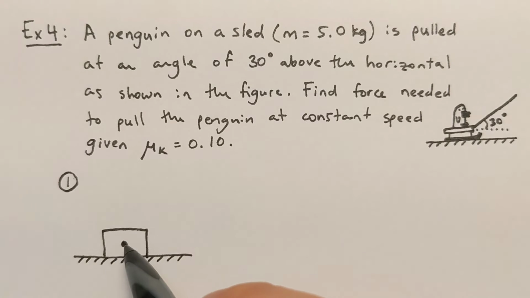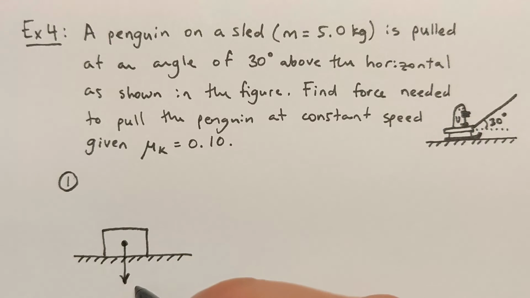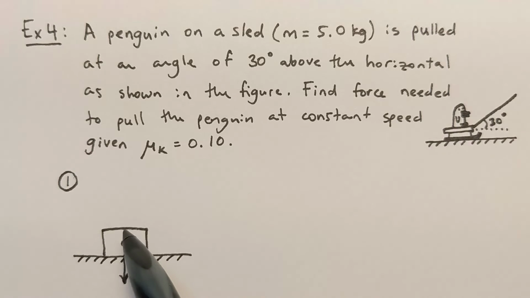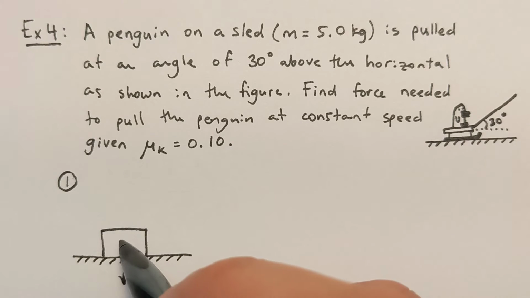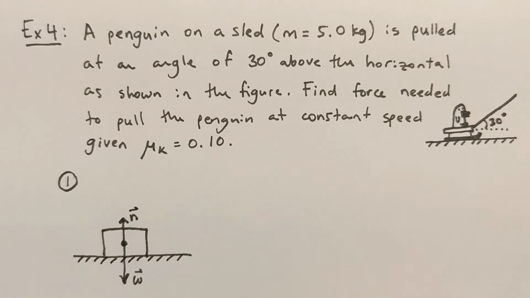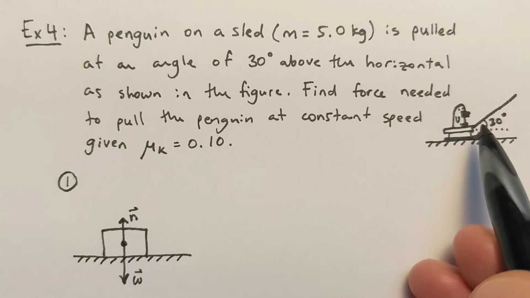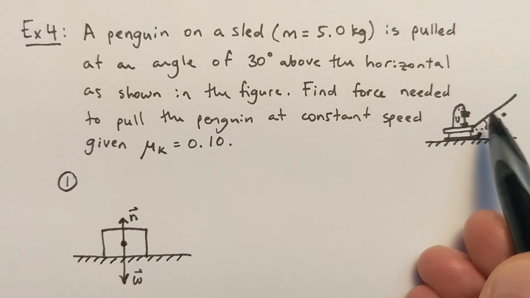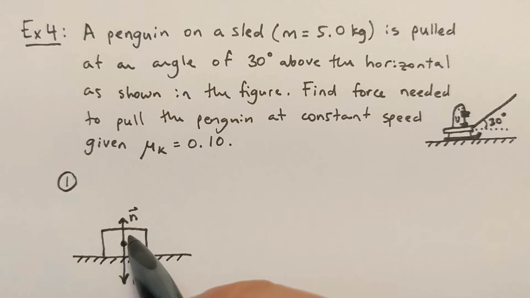So we've got the force of gravity pointing straight down. We call that the weight. We've got the force normal pointing perpendicular to the surface. So since the surface is level, the force normal will be pointing up. There's a pulling force. Presumably this could be like a rope or something like that. So I'm going to call it tension.